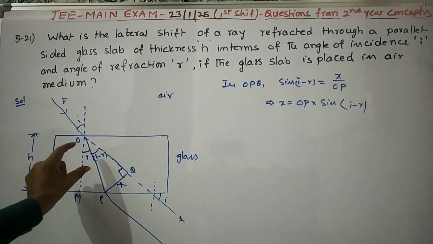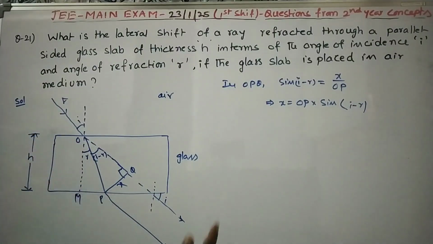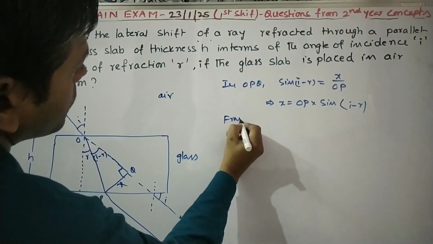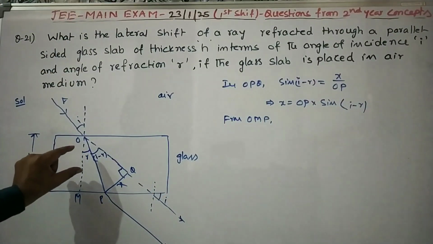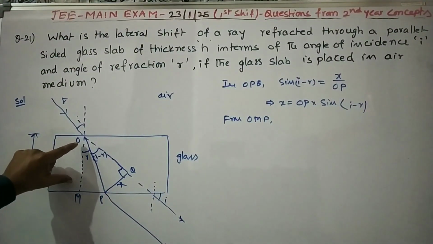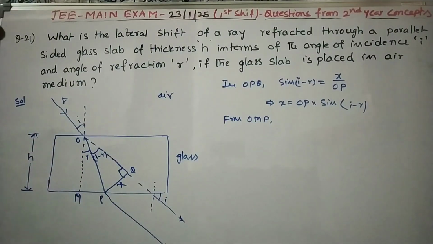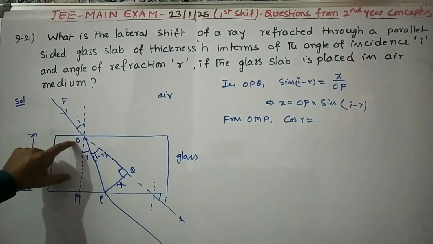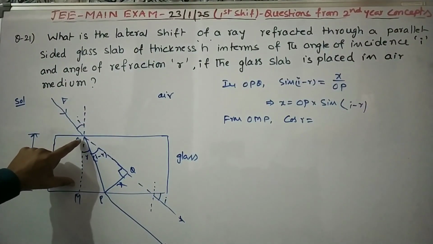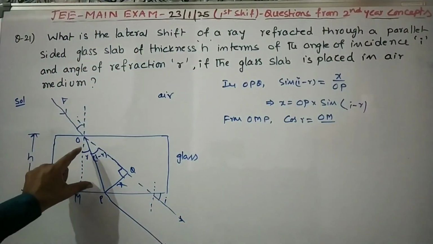To get this OP value, you can use this other right angle triangle, OMP. From OMP, I would like to write, this is the hypotenuse. This is the thickness of the glass slab. So I could write cos r is equal to the adjacent side OM by hypotenuse OP.